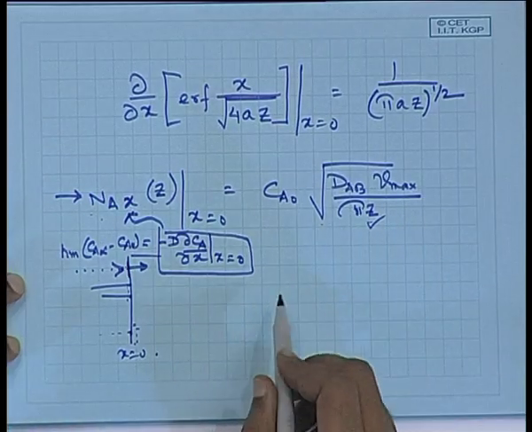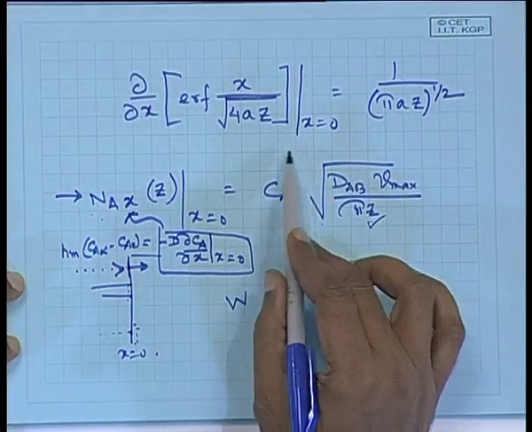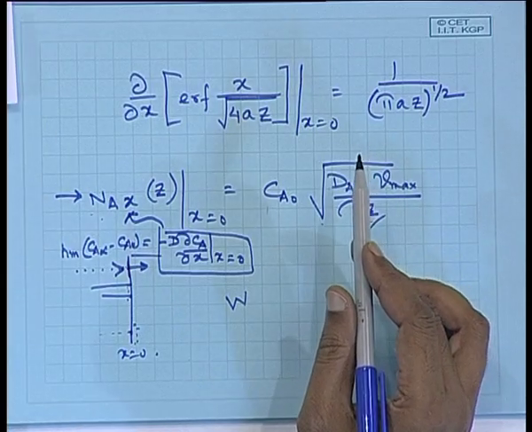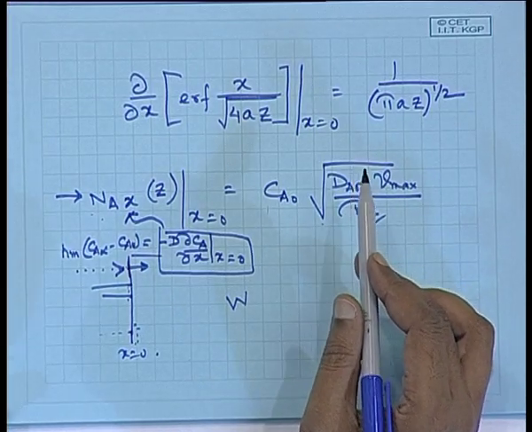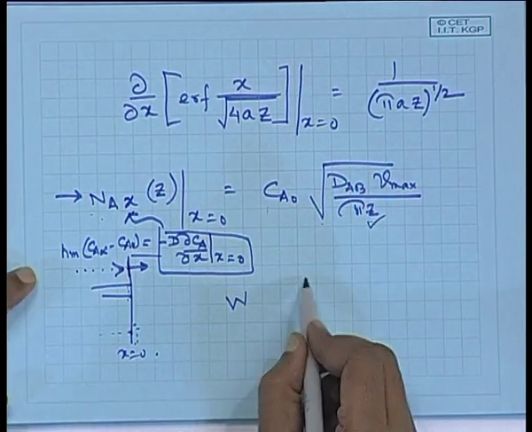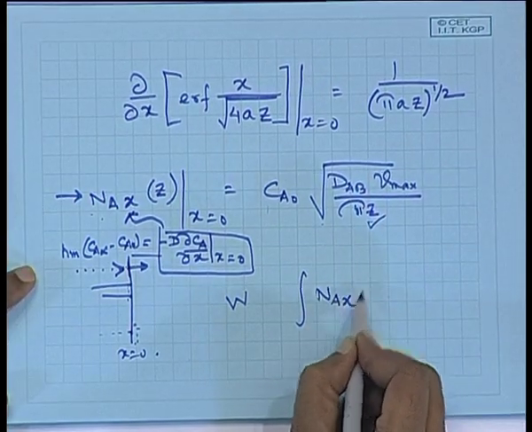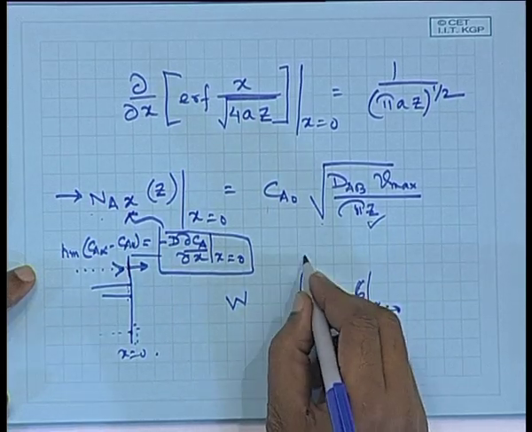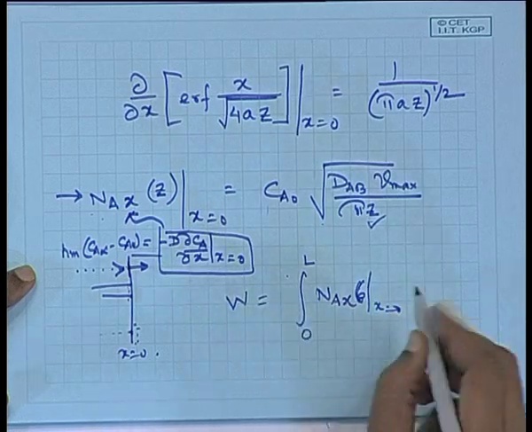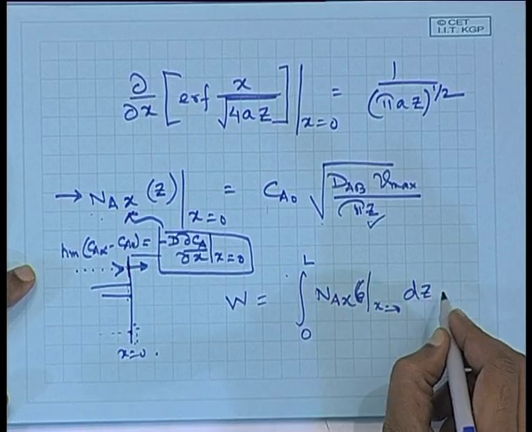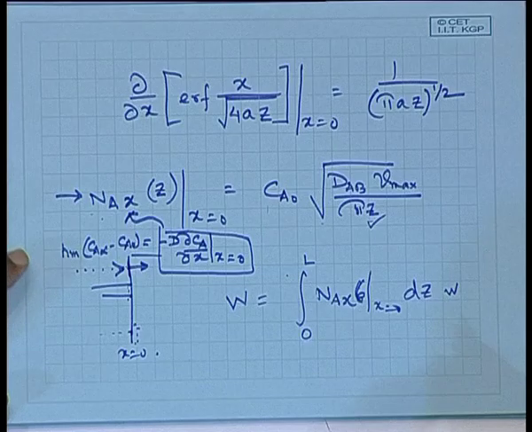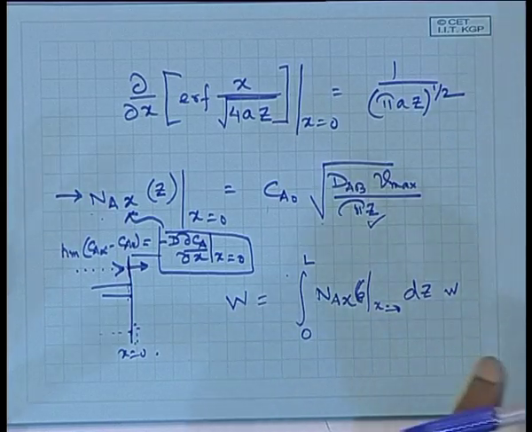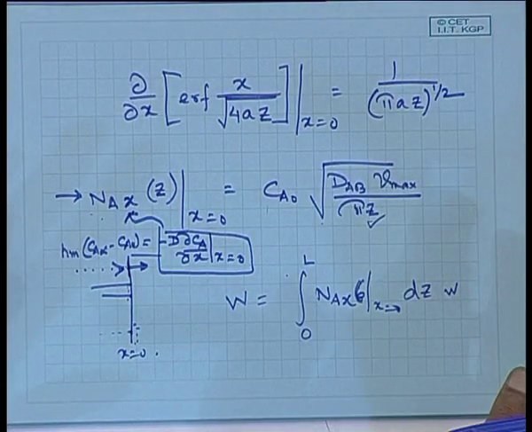Okay, so, in order to find out the total amount, you integrate this from 0 to whatever be the final value of Z, which is L, multiply it with W. Okay. So, integration of NAX at x equal to 0, it should be integrated from 0 to L, and it has to be dz, and it has to be multiplied by whatever be the width of the film. So, that would give you the total uptake of A molecules by the falling film of liquid.